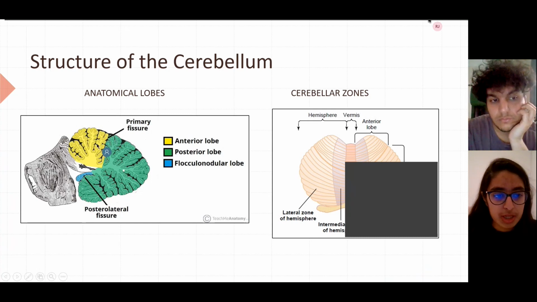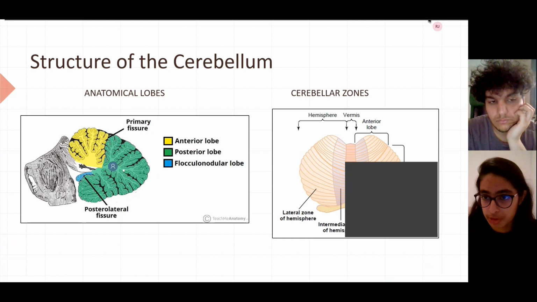These folds that you see in between are also called folia, and we have two bigger folds that separate each lobe: the primary fissure separating the anterior and posterior lobes, and the posterolateral fissure, which separates the flocculonodular and the posterior lobe.